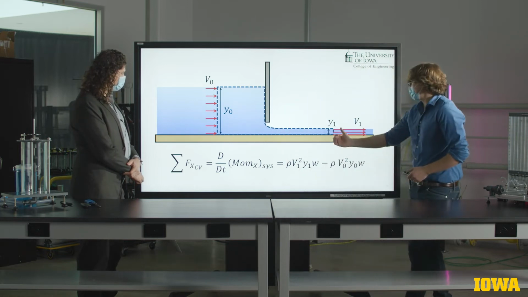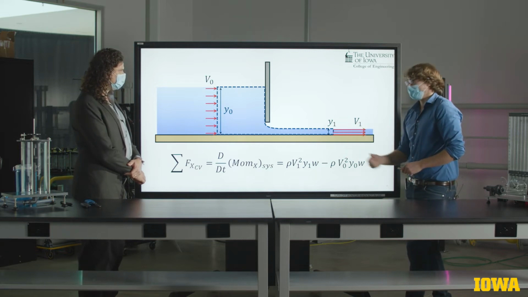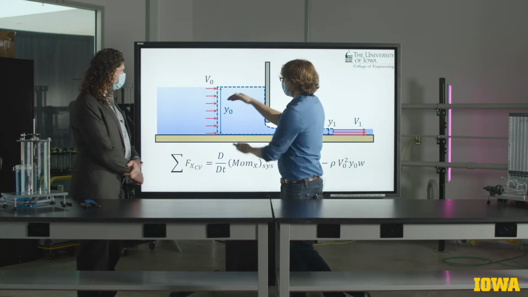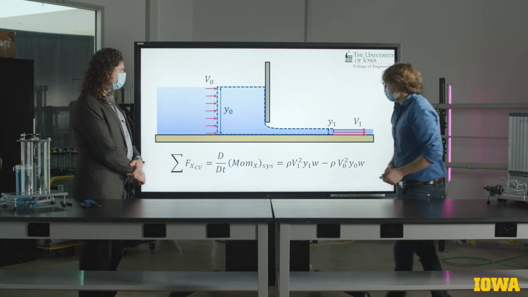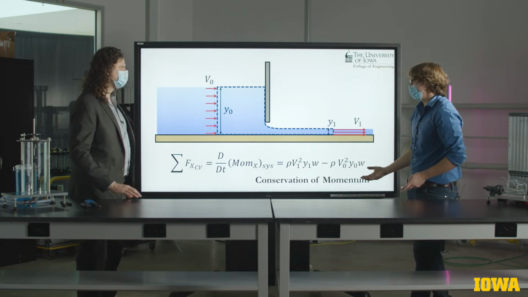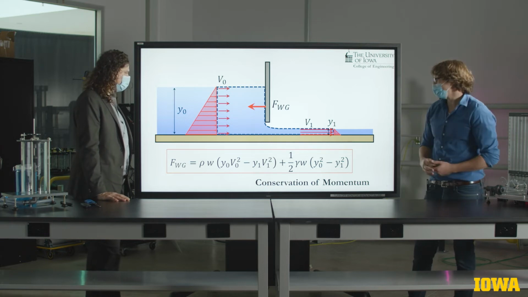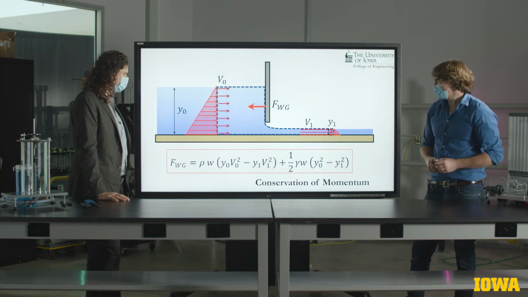So simply by knowing the speed, the height, and the width downstream, as well as the speed of the incoming flow, the height of the upstream control surface, and again, the width of the channel, we should be able to calculate the total force of the gate acting on the water. And this is the application of conservation of momentum.